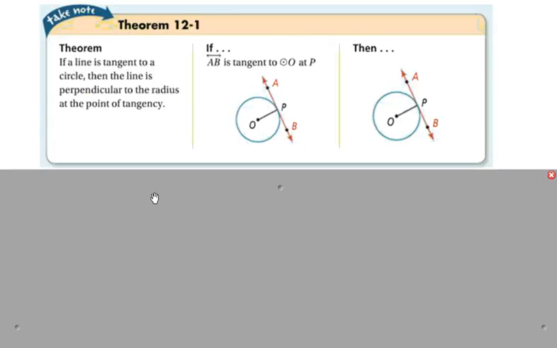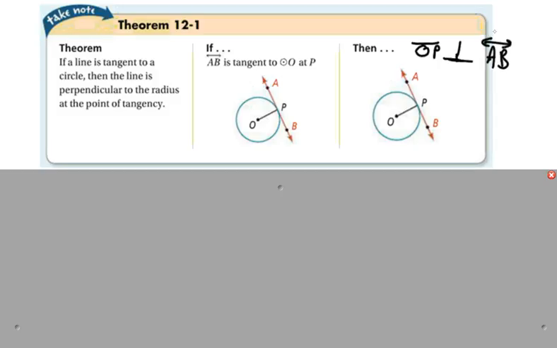It says, if a line is tangent to a circle, then the line is perpendicular to the radius at the point of tangency. So in our example, if segment AB is tangent to circle O at the point P, then segment OP is perpendicular to line AB.